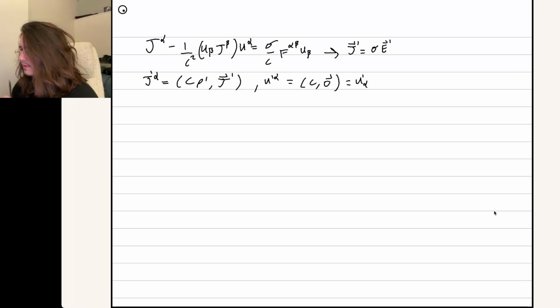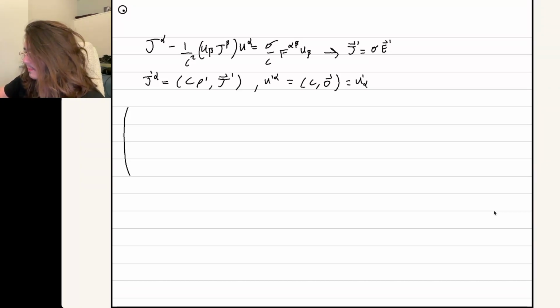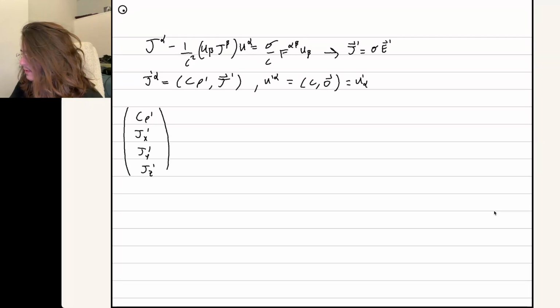I am just going to wrestle with this equation by writing everything in terms of row vectors and column vectors. So J alpha is going to be c rho prime, Jx prime, Jy prime, Jz prime. And then we're going to have minus 1 over c squared.